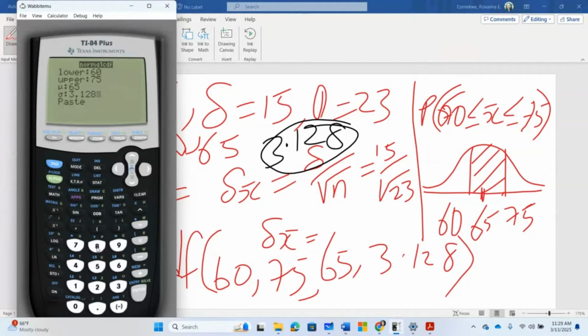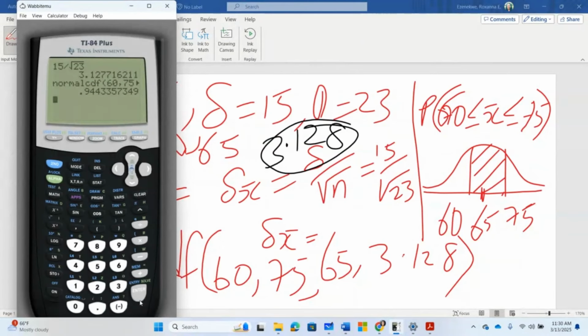So this is a central limit theorem question. If you have a central limit theorem question, you must first calculate the standard error, because in your normal CDF you will use the standard error in place of the standard deviation. You hit enter. Therefore, the area between those two numbers is 94.43.